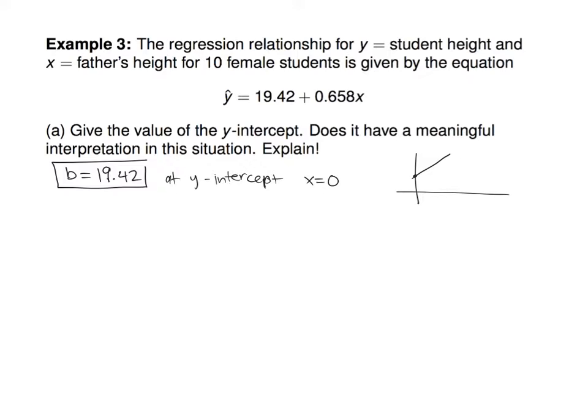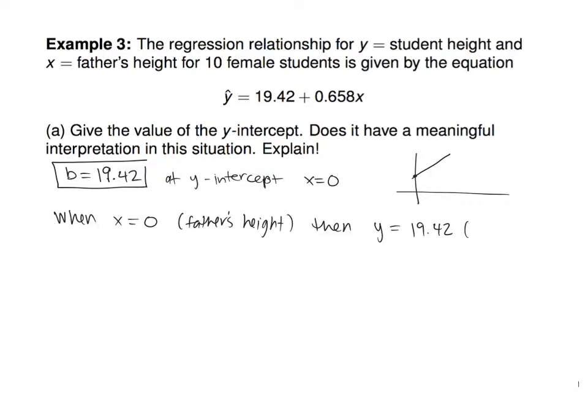So to answer the question, does this have meaning? This means that when x equals 0, what does x stand for in this equation? Father's height. Then y is equal to 19.42, and that's the daughter's height, right?